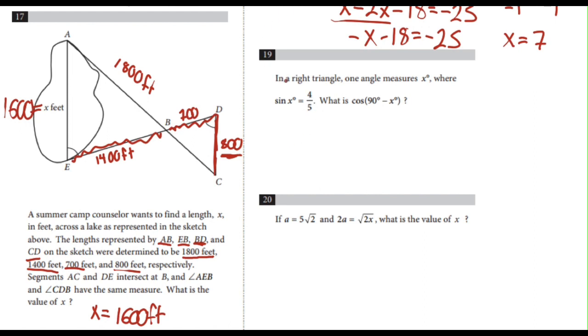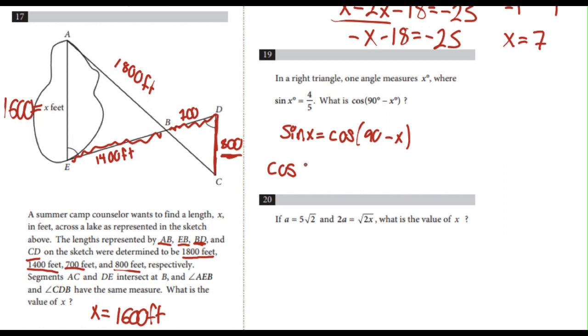Number 19. In a right triangle, one angle measures x, where sine x equals 4/5. What is cosine of 90 minus x? For this question, we must know that sine of x equals cosine of 90 minus x. This is a principle of trigonometry.